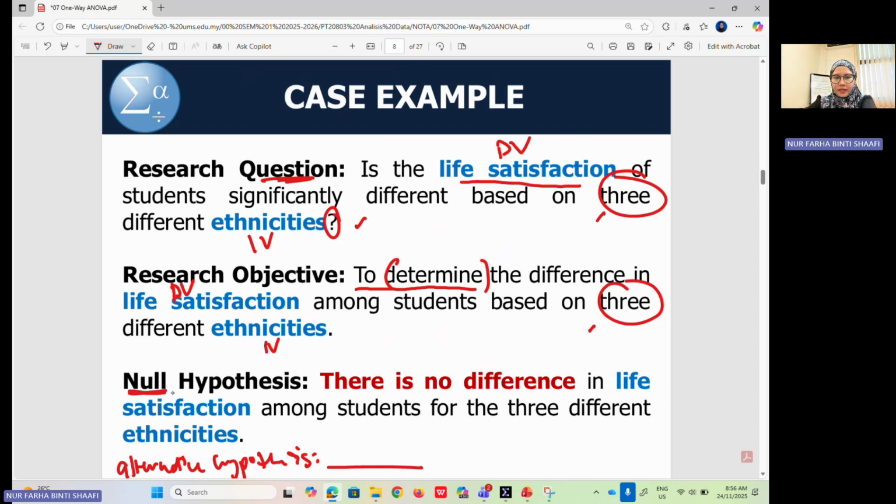For the null hypothesis, remember: there is no difference in life satisfaction among students for the 3 different ethnicities. For the alternative, you just discard the word "no". There is a difference, and so on. Just copy and paste the sentence here. All right. So this is the case example, or the case study.